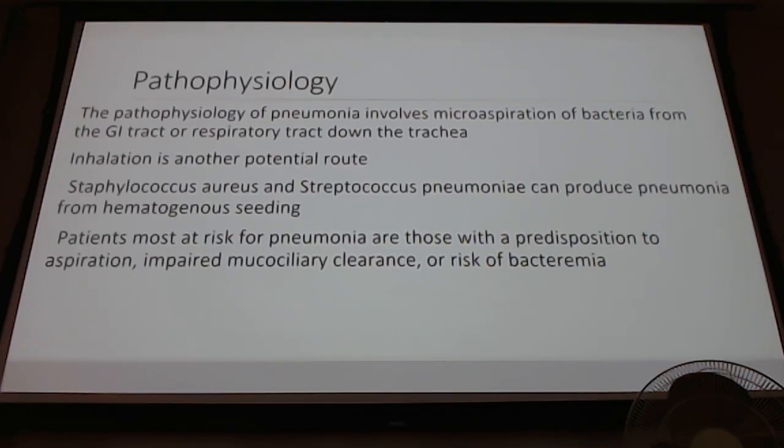But we also want to look at predispositions for pneumonia. That's usually anybody with an aspiration risk, like elderly patients and alcoholics. We'll talk about some of the other pathophysiology where we might see patients at increased risk for pneumonia in the lecture.